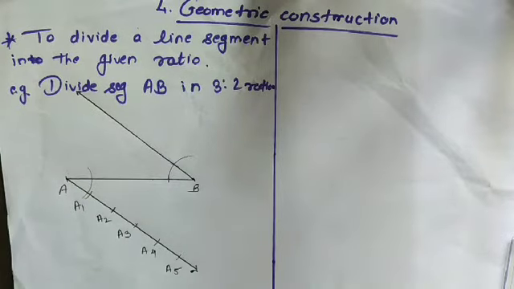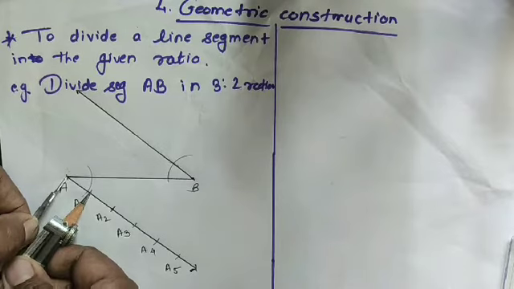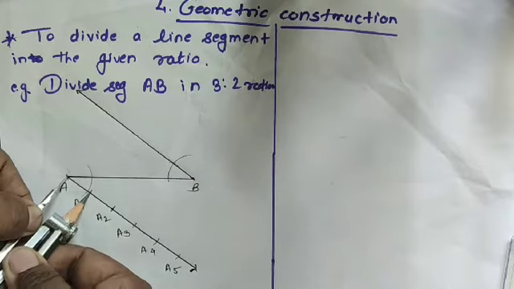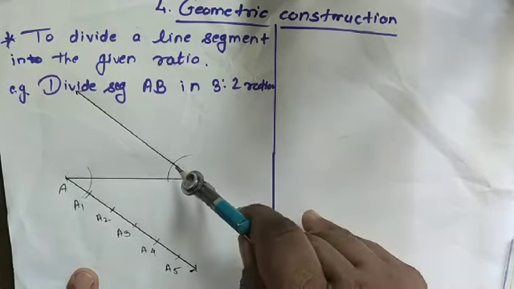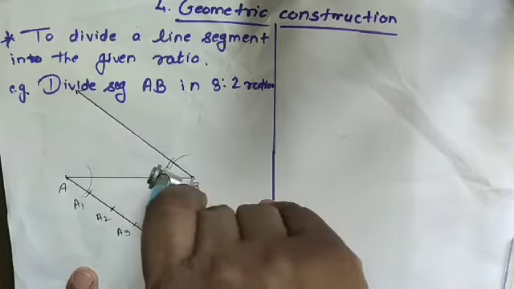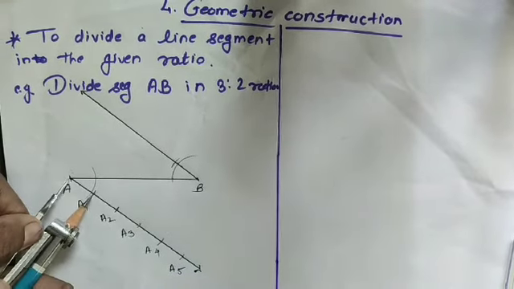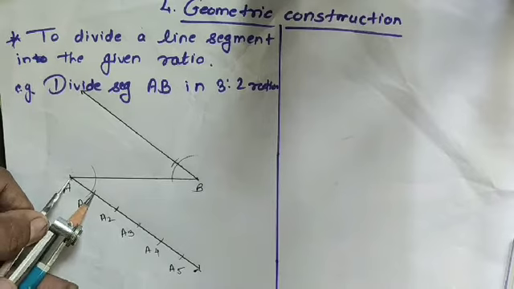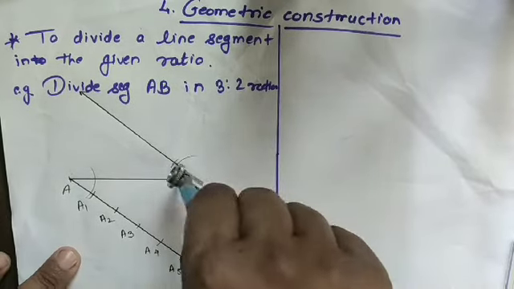Okay. Now what I have to do, without changing the distance, is take in the compass this distance that I used for dividing this segment, and draw the 5 arcs here. Okay. So this is my first arc. I took the same distance. One more time I will show you here. So this is my first arc.